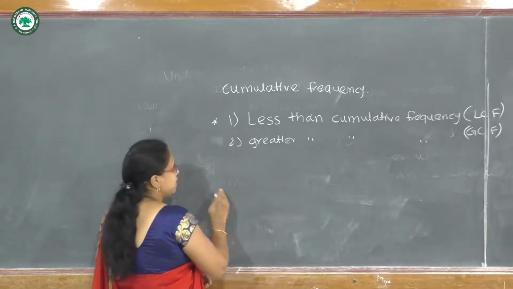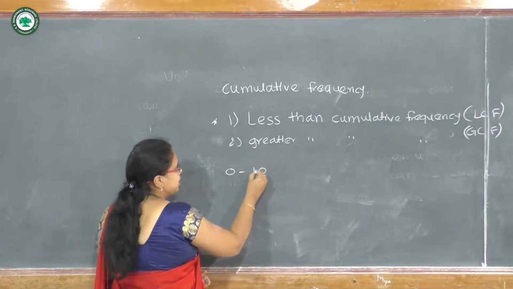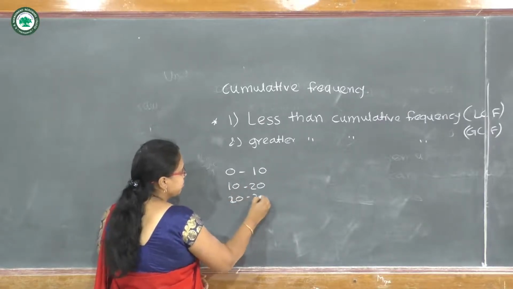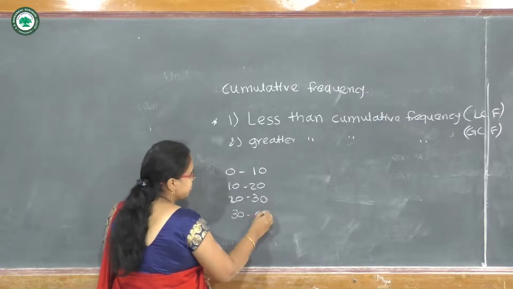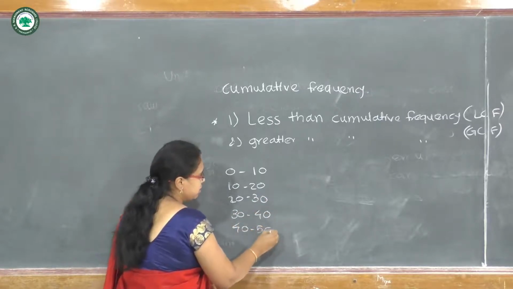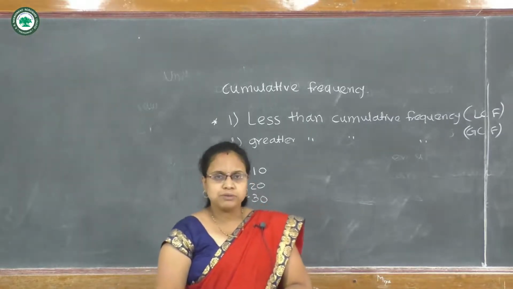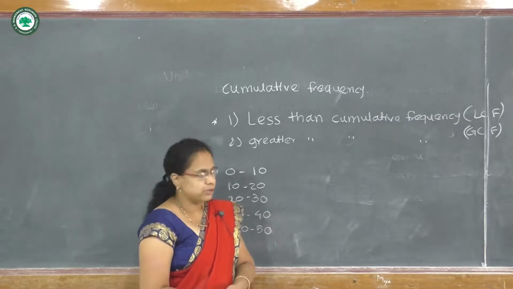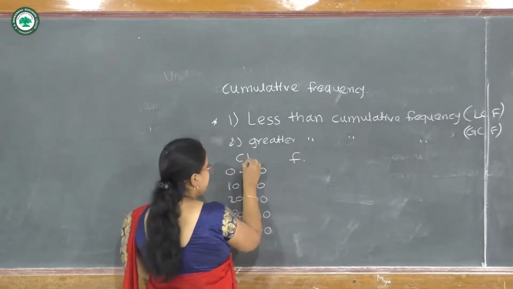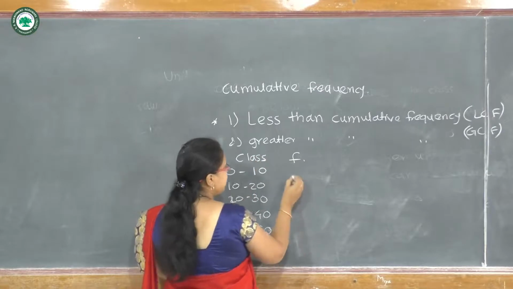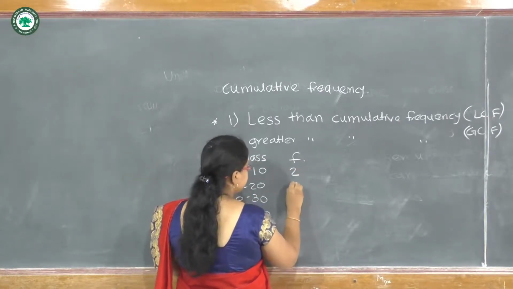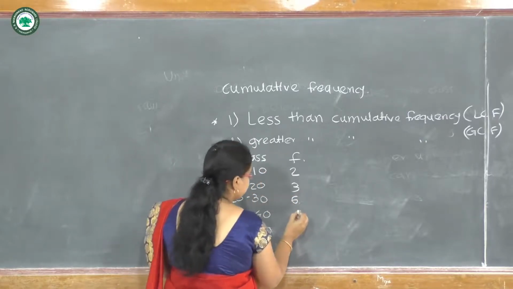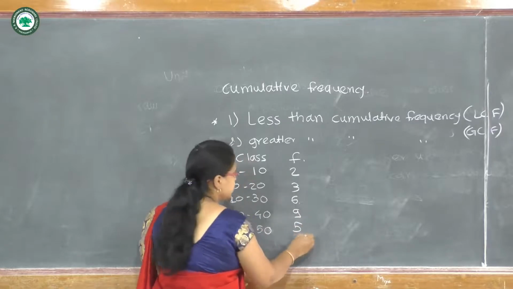So suppose we are given these classes. Suppose these are the marks from 0 to 50 for a certain test of 25 students. So this is class and this is frequency.